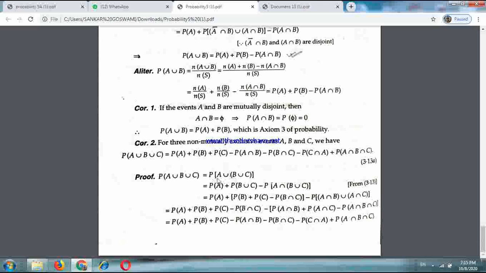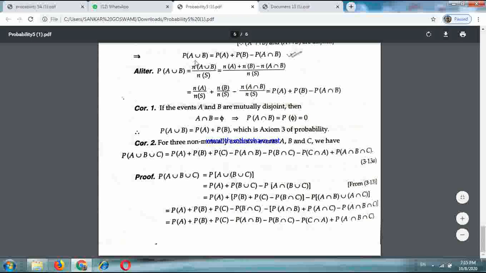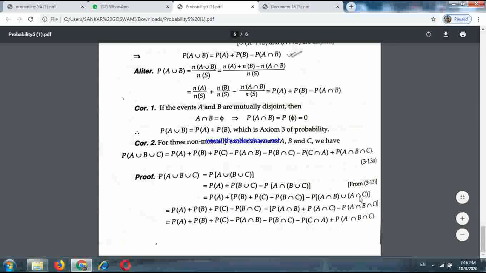For example, P(A1 union A2), and then we use this expansion. And again, P(B union C), we use again this expansion. And here you see A intersection (B union C). This is the distributive property of sets. By the distributive property, we write A intersection (B union C) equals (A intersection B) union (A intersection C). You can draw a Venn diagram and verify this.